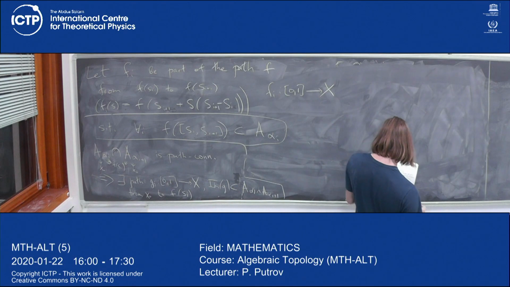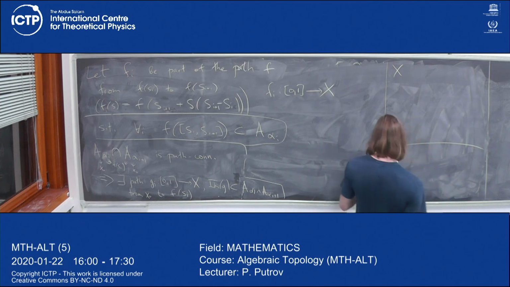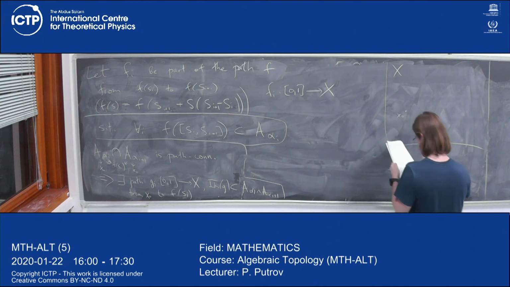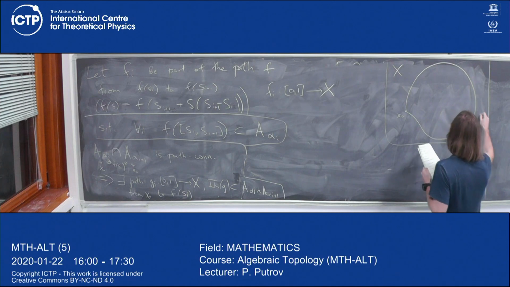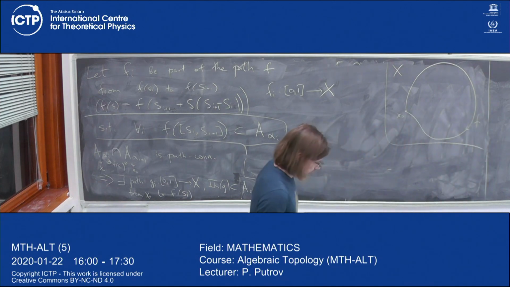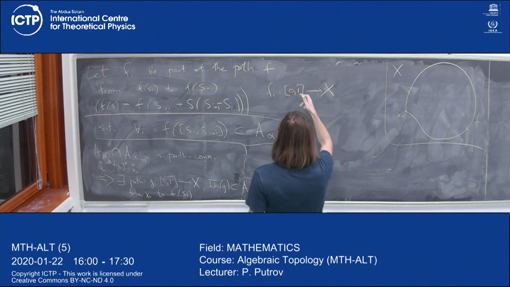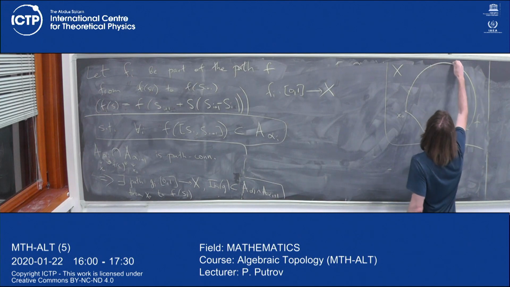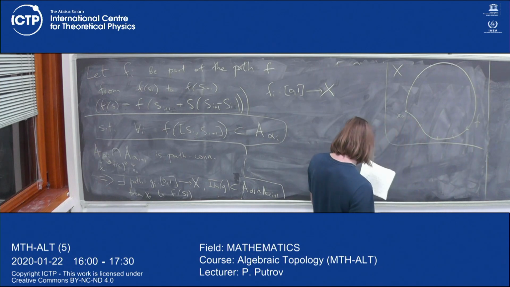So what is the picture of this? So it's a topological space X. So there is an endpoint x0. There's some big path, original path F, and so what we did. So it's parameterized by some variable S in a unit interval. And we split this interval into n pieces.